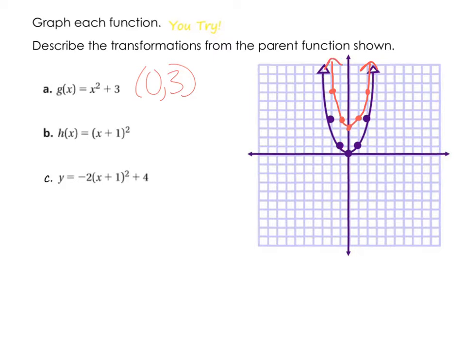Second one, h(x) = (x + 1) squared. So what we did here, we have a vertex of (-1, 0). All we did to the original parent function was move it 1 space to the left. So we're going to take all the points that are on the parent function, these 5 points, and move them 1 space to the left.